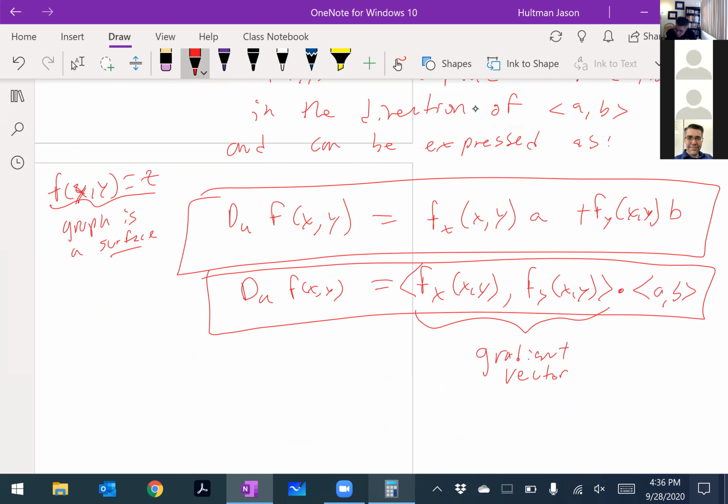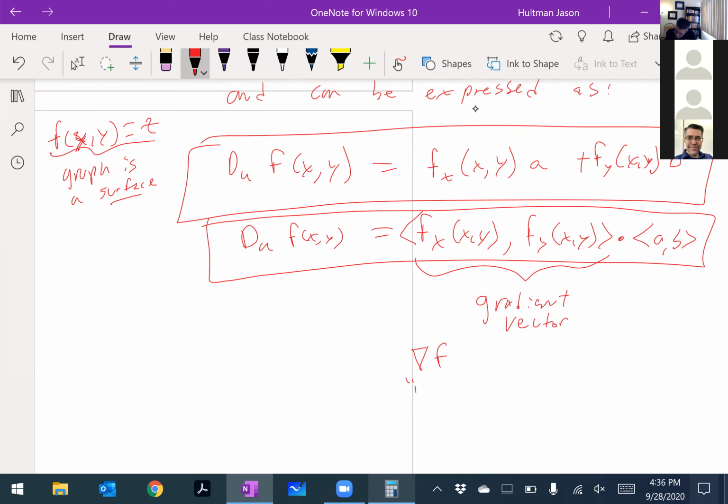We say that this is an upside down triangle F, which is del. The upside down triangle is called del. I know there's a lot of dels and deltas, mathematicians being very unoriginal people. This is del, not delta. Delta is upside down. This is del with no ta.